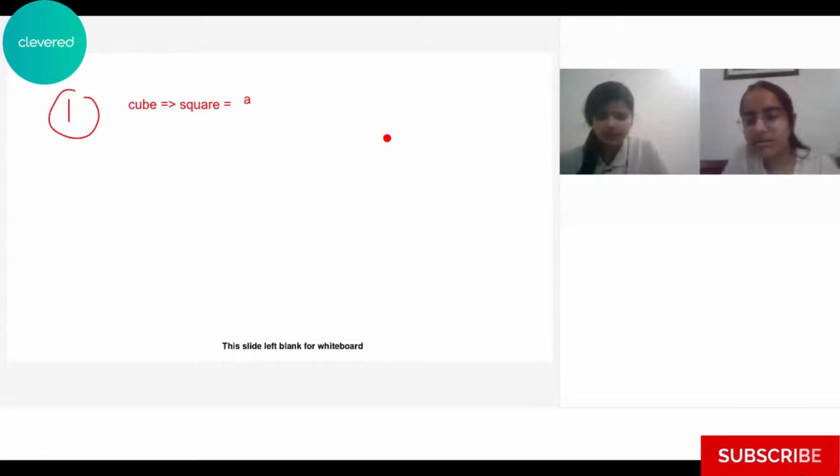So A square is the area of a square, right? Suppose A is the length of the side of the square. We just multiply it with itself, we get the area. But if you're talking about volume, we are going with one more dimension. So for the volume, the formula is A cube. Yeah, we'll multiply this side one more time.